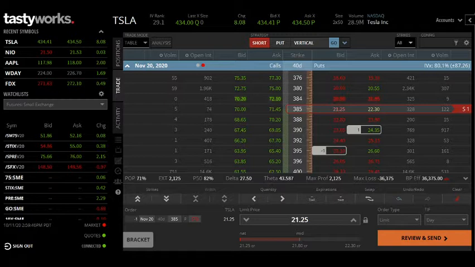For a 385, your delta is 27, so your delta would be 0.27 on Robinhood or TOS, Thinkorswim. I'm going to look it up on Robinhood right now on my phone.